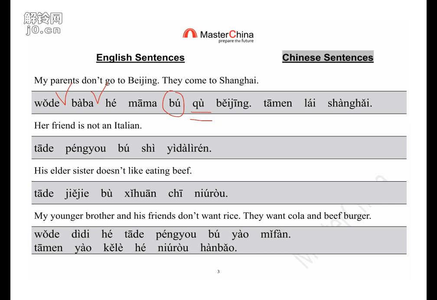And the third point I want to point out here is Beijing and Shanghai. I didn't stress this in the last class. For Beijing and Shanghai, we didn't put the B and S in capital letters, because in Chinese we use Chinese characters in writing, so we don't use the English spelling, the syllables, for writing.